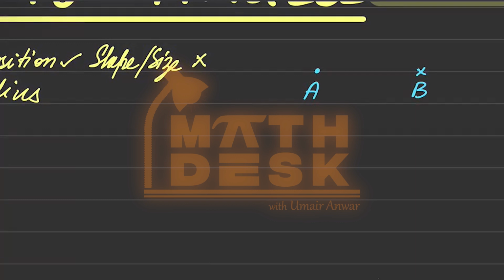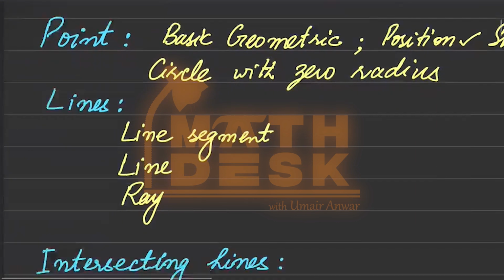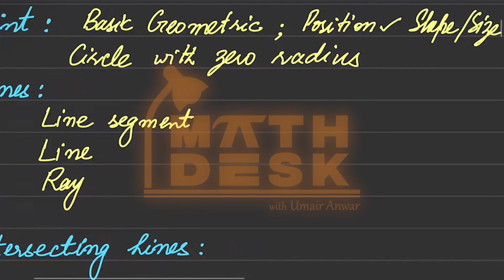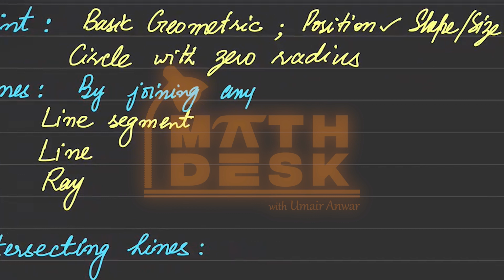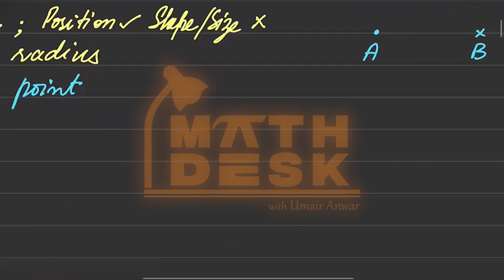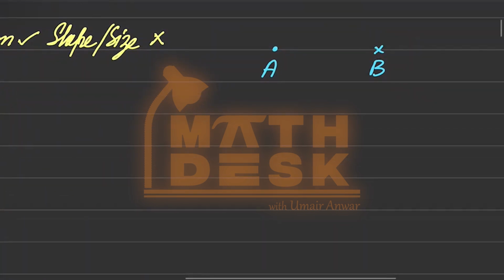Now, what is a line? A line is formed by basically joining any 2 points. And it would be the shortest distance between any 2 points. So for example, if I try to join these 2 points, then we would get a line.